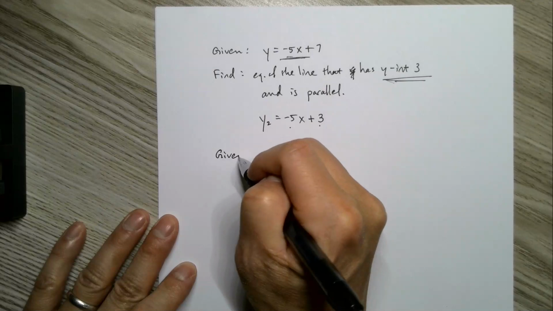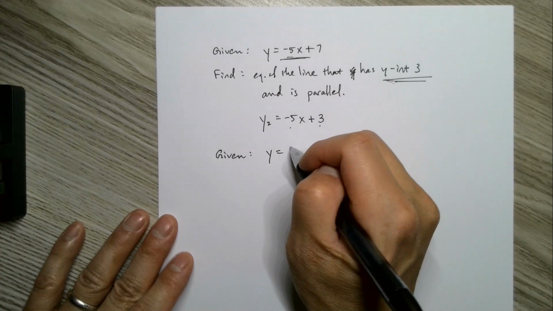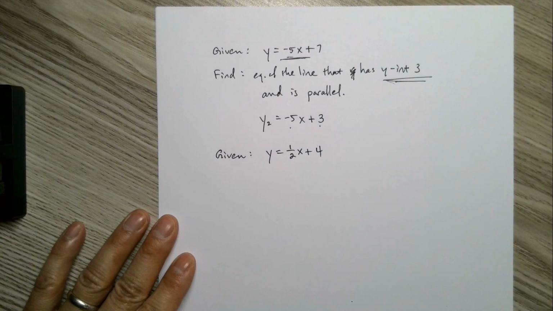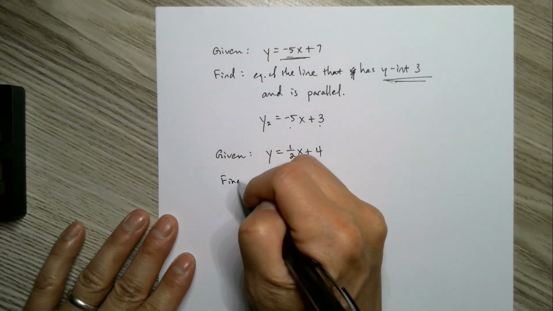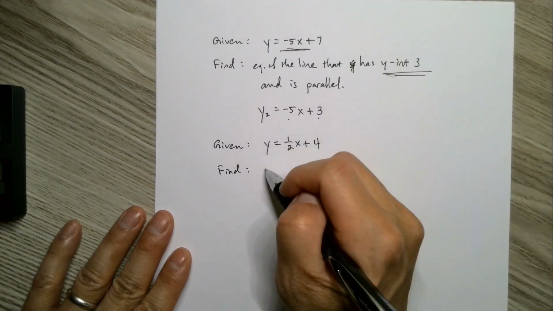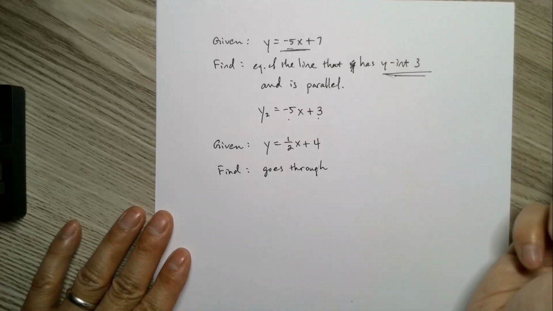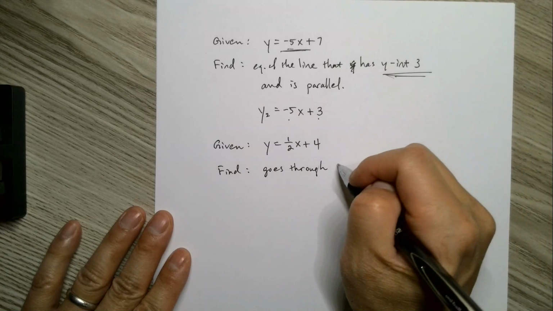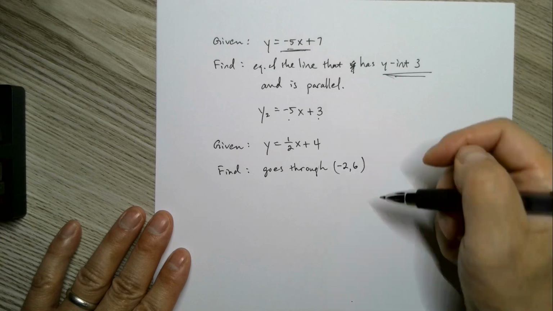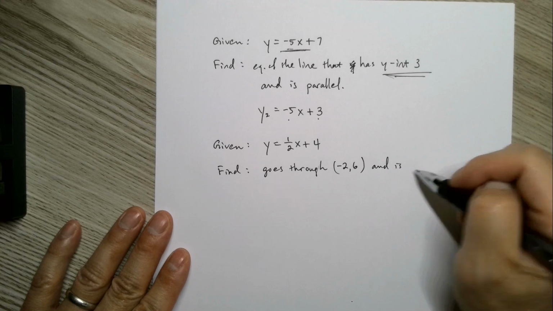Now let's try a different one. Let's say I'm given this line, and I'm asked to find the equation of the line that goes through negative 2, 6, and is parallel.